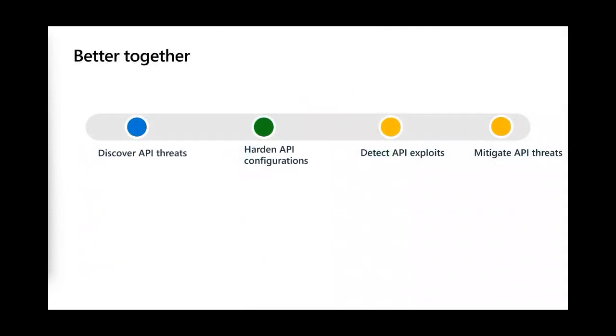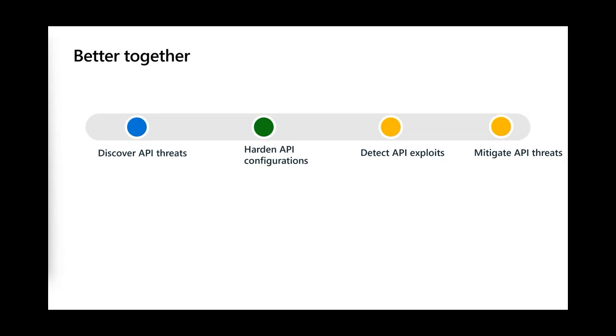And then this last slide here is another better together slide around the whole lifecycle for APIs and protecting them end to end. So Defender for APIs is discovering threats and misconfigurations, detecting active attacks, and then allowing customers to mitigate these threats by integrating with solutions like Azure API Management to define policies, or Azure Web Application Firewall to block traffic coming from specific IP addresses if their endpoints are under attack in any way.